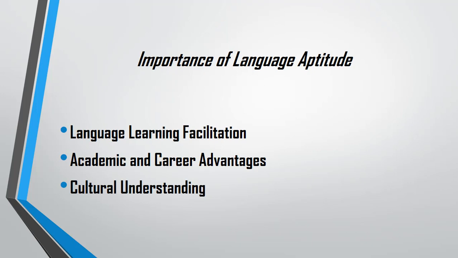Let's see the academic and career advantages. When we talk about academic and career advantages, for example, people with a good language aptitude will obviously be able to travel across the globe, and they will be able to understand different concepts from different languages, meaning that they will in a way or another become competent researchers.